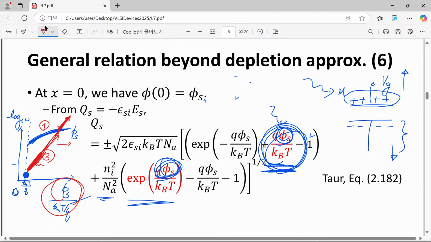Let me just advertise our entire semester. Up to now we have thought about the MOS system, but in my opinion, the most important one for the MOS capacitor part is this relation. Once you understand this relation, the next job is just understanding and interpreting.